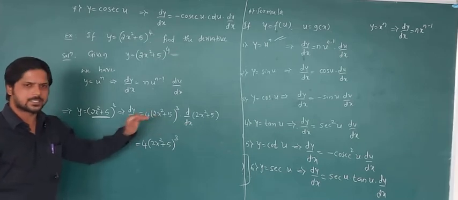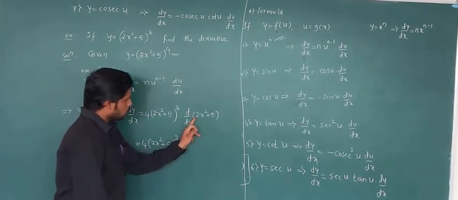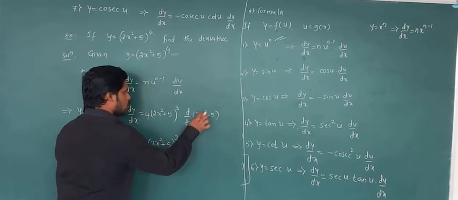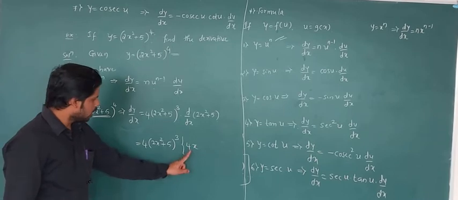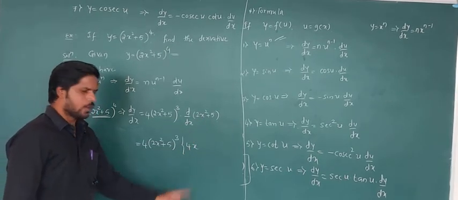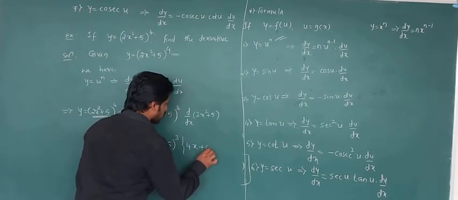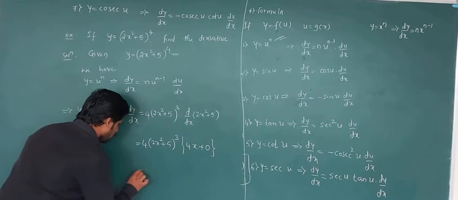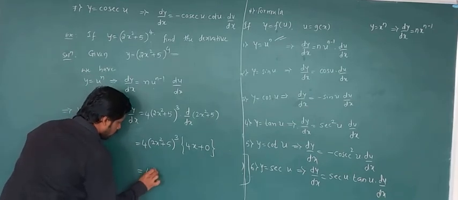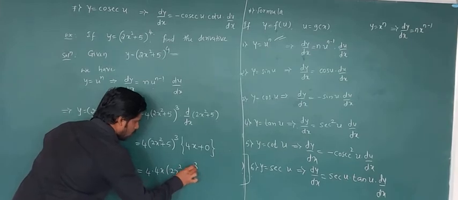First part is as it is. Now we have to differentiate this function. So 2x square differentiation is 2 into 2, 4, x to the power 2 minus 1 is 1. So that is 4x plus constant function differentiation is 0. So constant function differentiation is 0. 4x plus 0. So therefore we have 4 into 4x into 2x square plus 5 whole cube.